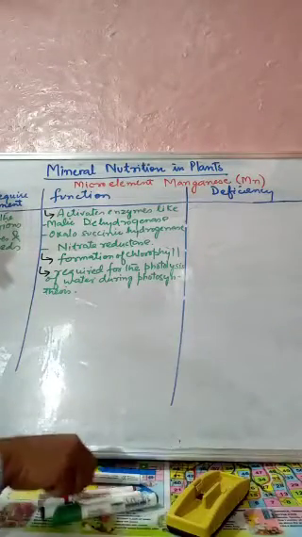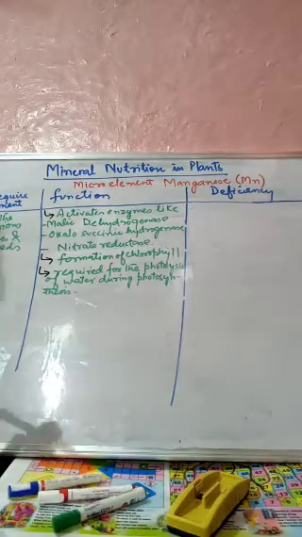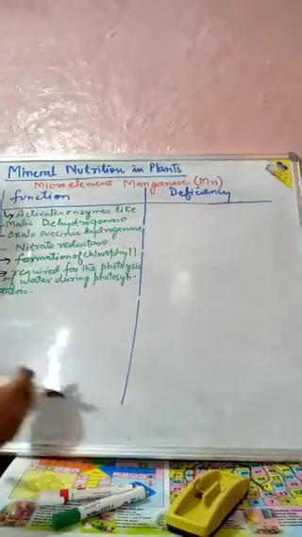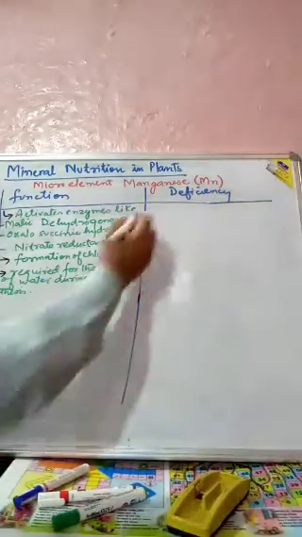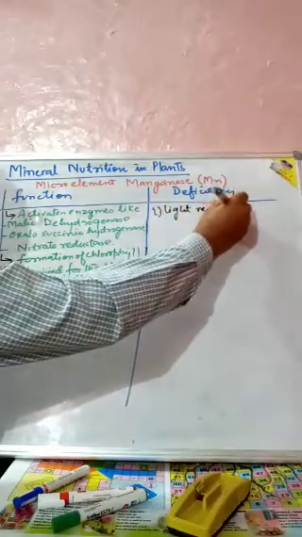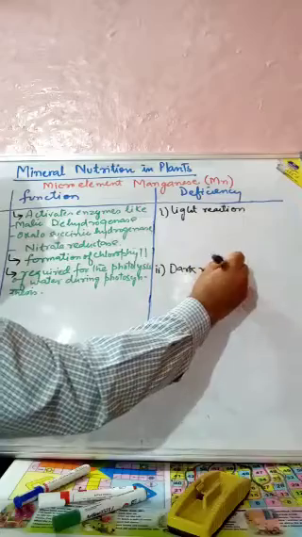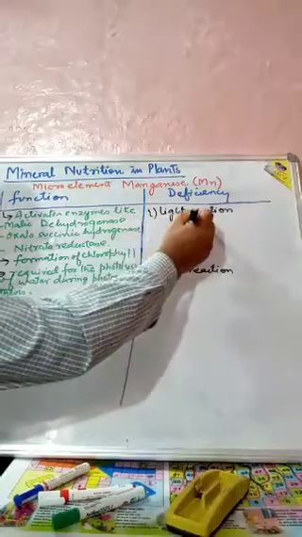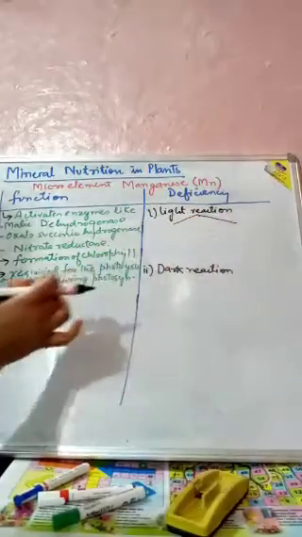As we know, photosynthesis gets completed in two steps. What are those two steps? First is called the light reaction, and second is called the dark reaction. What happens during the light reaction? There are two pathways.